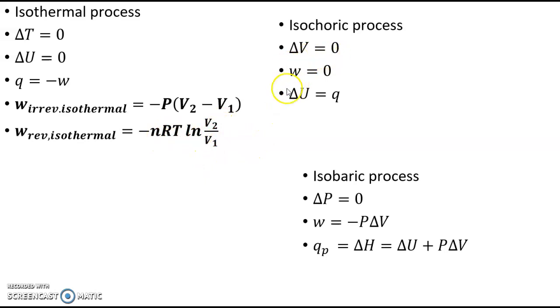For an isochoric process, that's a constant volume process, delta V is 0, therefore W is 0, and delta U is Q, and it's supposed to be QV. For an isobaric process, delta P is 0, W is minus P delta V, and delta H is QP at constant pressure. See you in the next video.